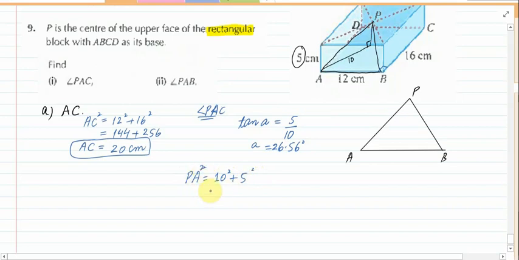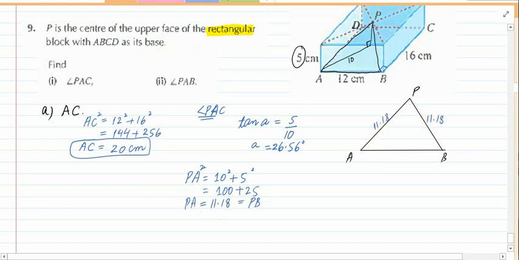That is your Pythagoras theorem. 10 square is 100, 5 square is 25. So the root of 125 is 11.18. That is the value of PA, and you can say that the value of PB as well, right? So it's 11.18.